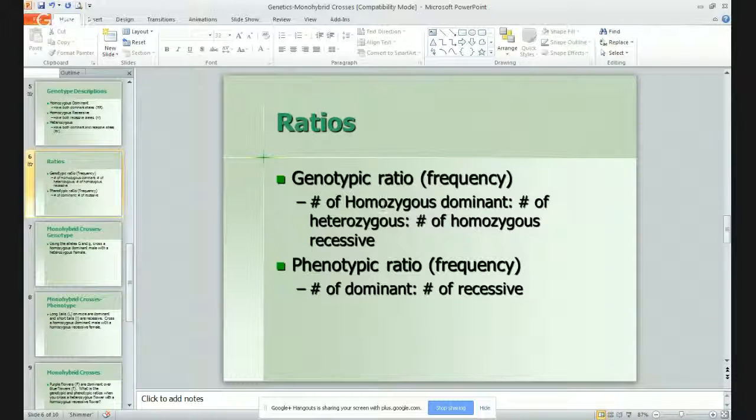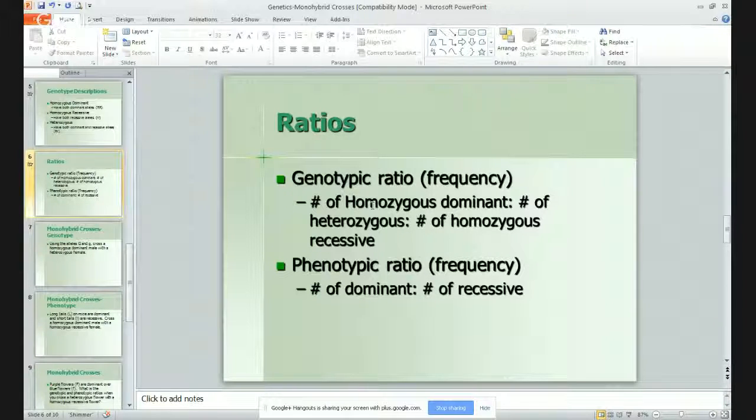The first number should be the number of homozygous dominant individuals. These are all the offspring, by the way. How many of them are going to have those two capital letters? The next number will be how many offspring are heterozygous, with one dominant and one recessive allele. And the third number is the number of homozygous recessive individuals, those that have both recessive alleles, or the lowercase letters.